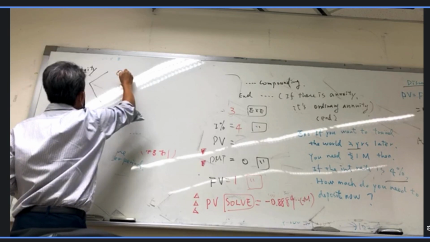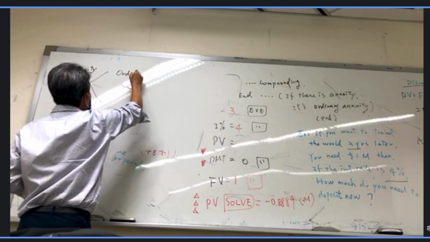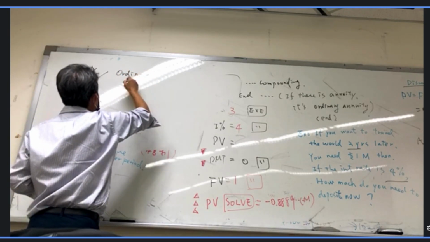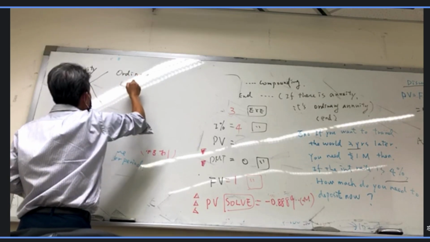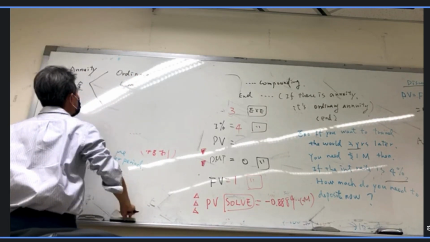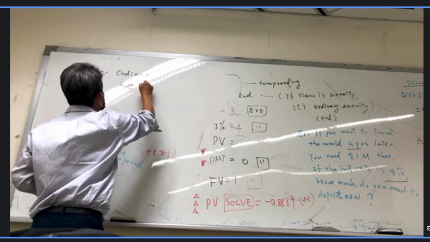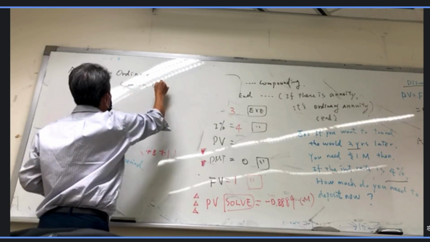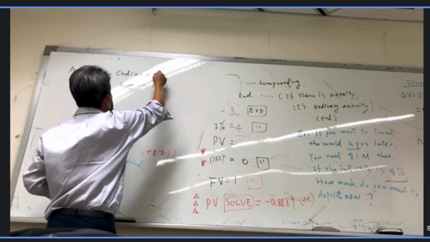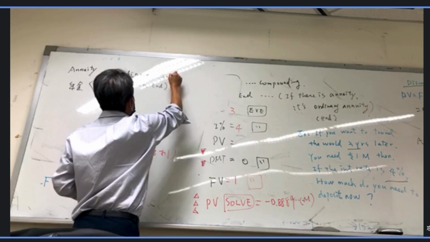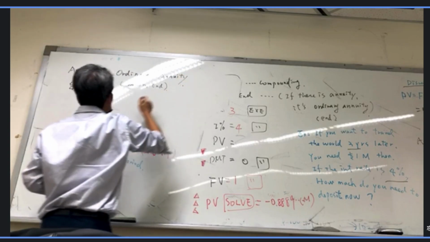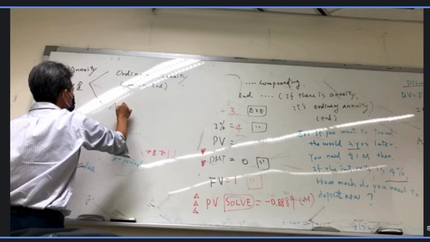As I said, we have ordinary or common annuity, which is paid at the end, or the annuity due.